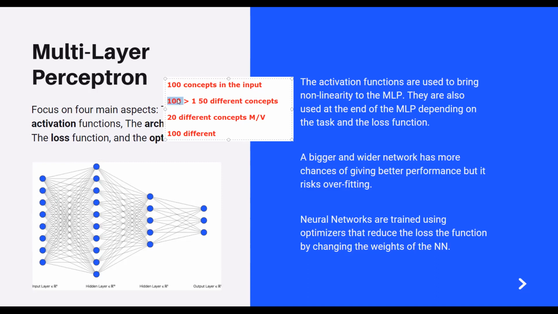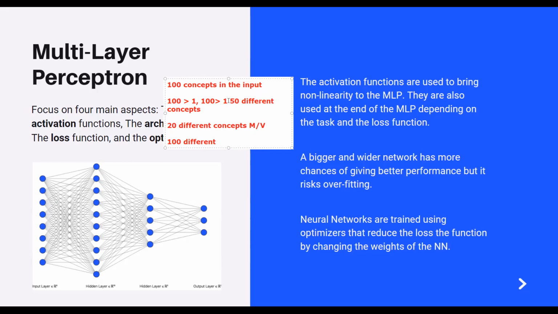Okay, so all of these 100 concepts are being used to calculate one concept such as height. And then the same 100 are being used to calculate another concept such as the width, let's say. We repeat this operation 50 times in the first layer.